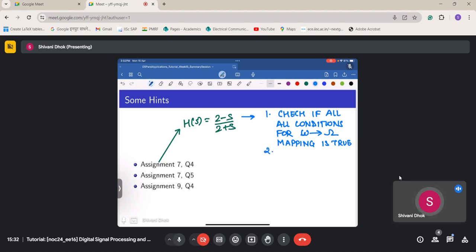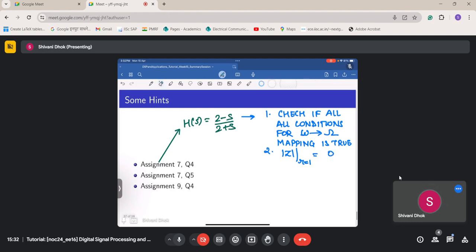Then the second thing you need to look at is magnitude of z equal to r, or magnitude of z at r equal to 1, which will give me for trans 0, something like this.